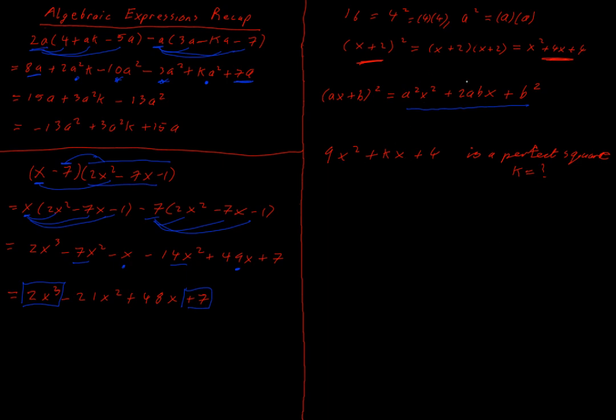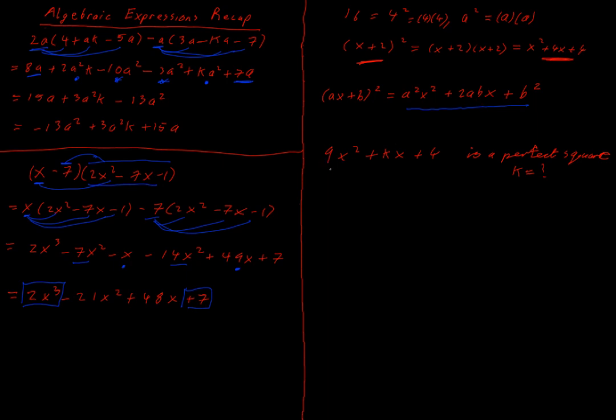Why? Because I know this pattern. If I know the two end terms here, I know the square root of them, the square root of a squared, multiplied by the square root of b squared, doubled, is going to give me the coefficient of x.